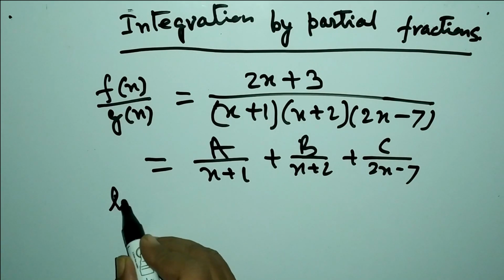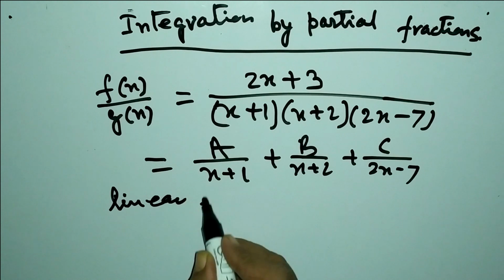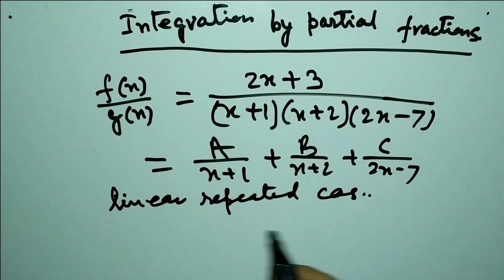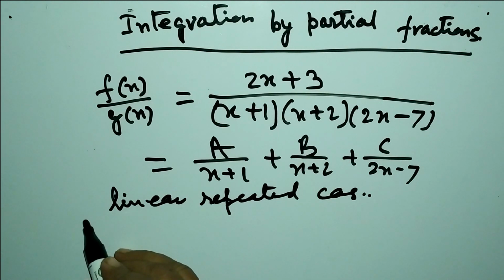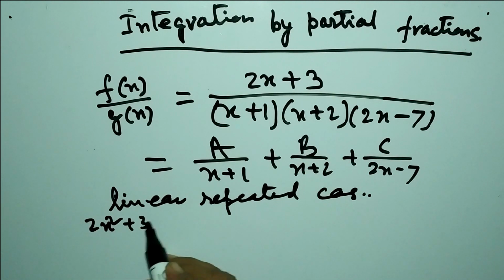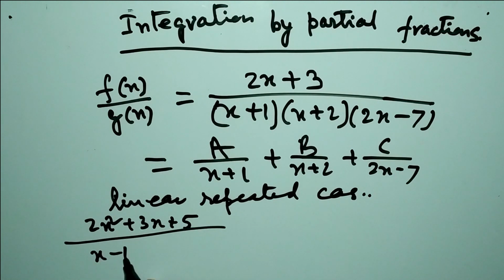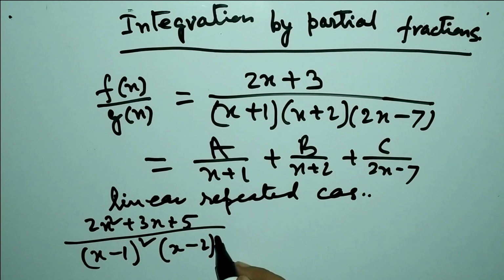Again, for the linear repeated case, suppose (2x²+3x+5)/((x-1)²(x-2)³).